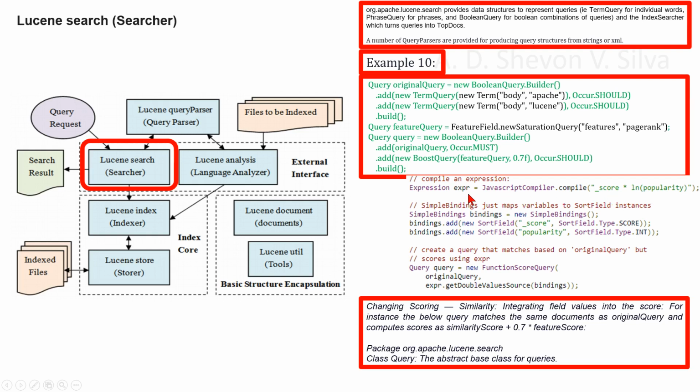And assuming that values for the popularity field have been set in a numeric doc values field at index time.